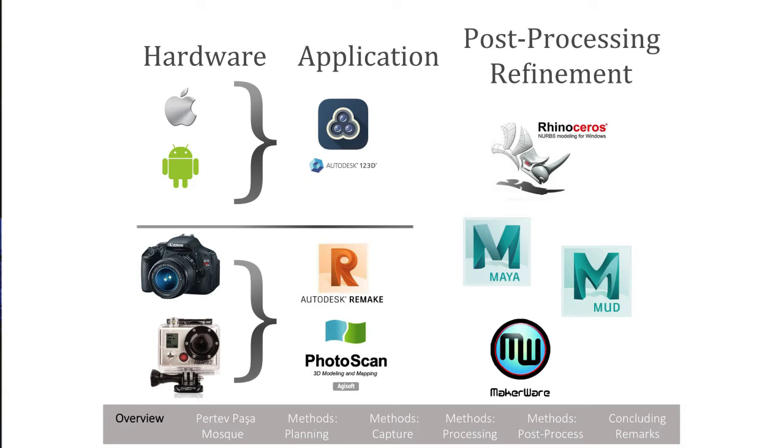It all depends on what the final use is for. We'll go into a lot more detail on that a little bit later. We're using Rhino. We're using Autodesk Maya and Mudbox. Maya is a 3D modeling program. Mudbox deals more with surfaces, and then sometimes we've also been getting into using MakerWare.